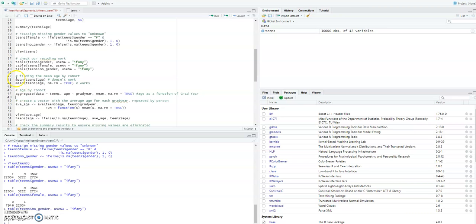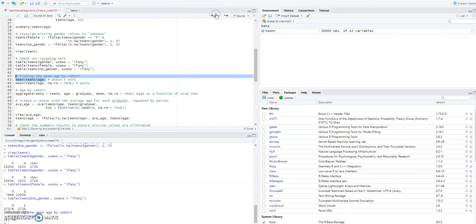If you look at this command over here, it will not really work if you run it, and the reason is that when you try to run the mean command for the age variable, the age variable has a lot of missing records.